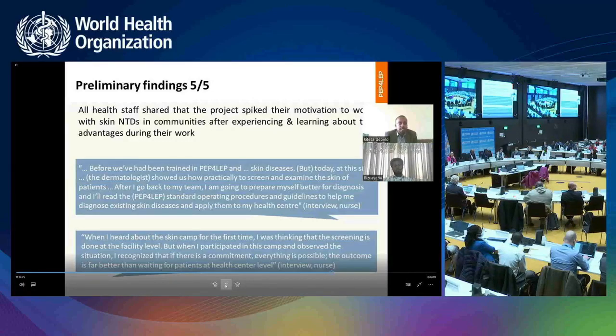Today, at this site, the dermatologist showed us how to practically screen and examine the skin of patients. And after I go back to my team, I am going to prepare myself better for diagnosis, and I will read the existing standard operating procedures and the guidelines that can help me to diagnose existing skin disease and then apply them to my local health center.